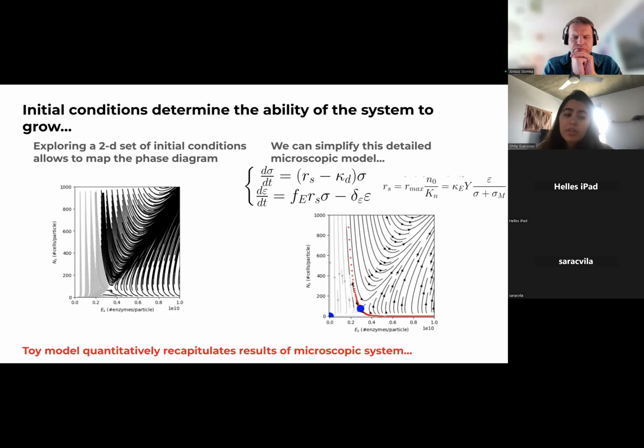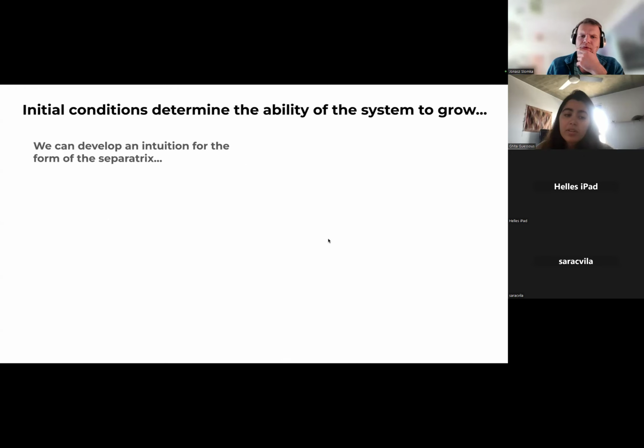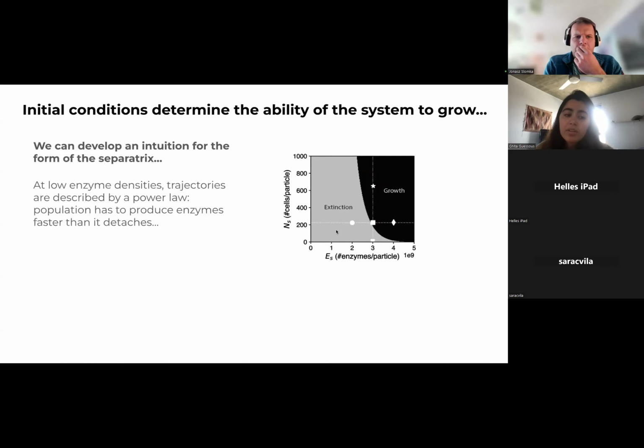And so what we can do is think about the separatrix, and we start to develop an intuition for what it looks like. So for example, look here: at high densities, a lot of these trajectories are going to follow a power law, decreasing. The intuition there is that as a population, you have to overcome this very high detachment.